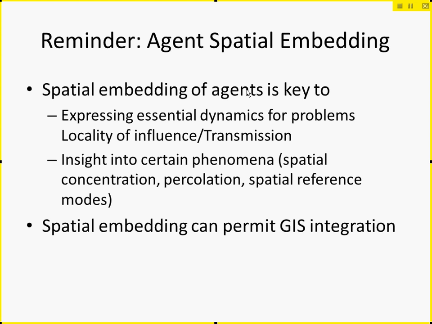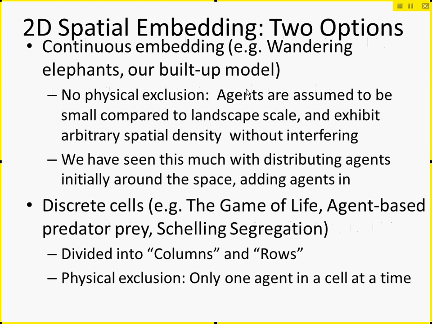Finally, for many practitioners, use of spatial embedding is very attractive because it allows bringing in a whole set of information associated with geographical information systems, information related to the character of the landscape, certain localized features, whether it's water bodies or certain types of terrain, etc.